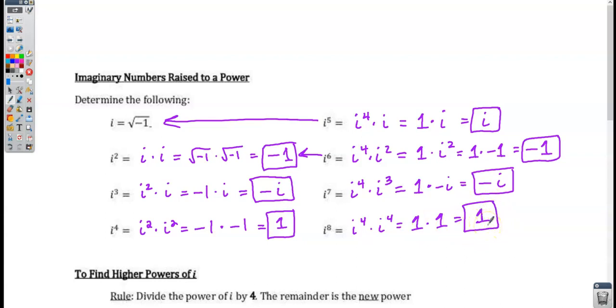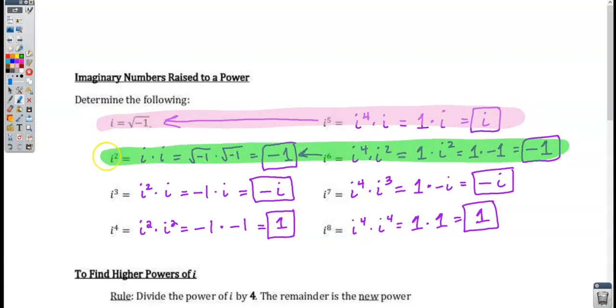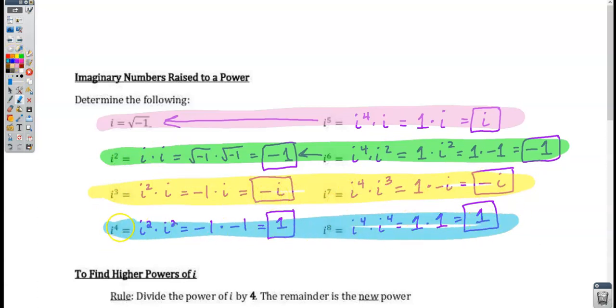And so you see we've got this pattern that's repeating here, where i to the first and i to the fifth are equal to one another, and i to the second and i to the sixth are equal to one another, and i to the third and i to the seventh are equal to one another, and i to the fourth and i to the eighth are equal to one another. And this pattern continues.